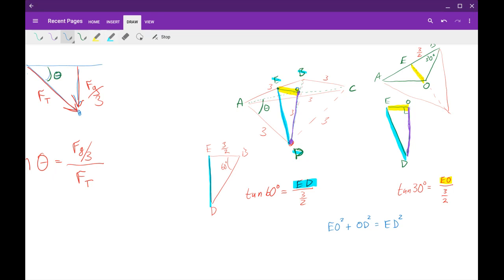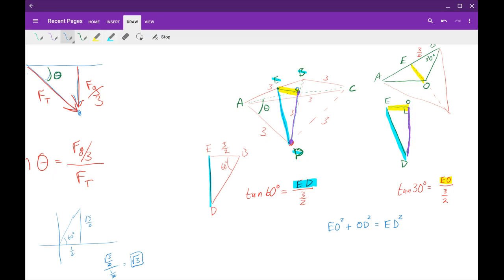And by the way, let's think about what the tangent of 60 is. Remembering that for 60, the sine is the square root of 3 over 2 and the cosine is 1/2, so it's the square root of 3 over 2 over 1 over 2, which is equal to the square root of 3. It's the tangent of 60.